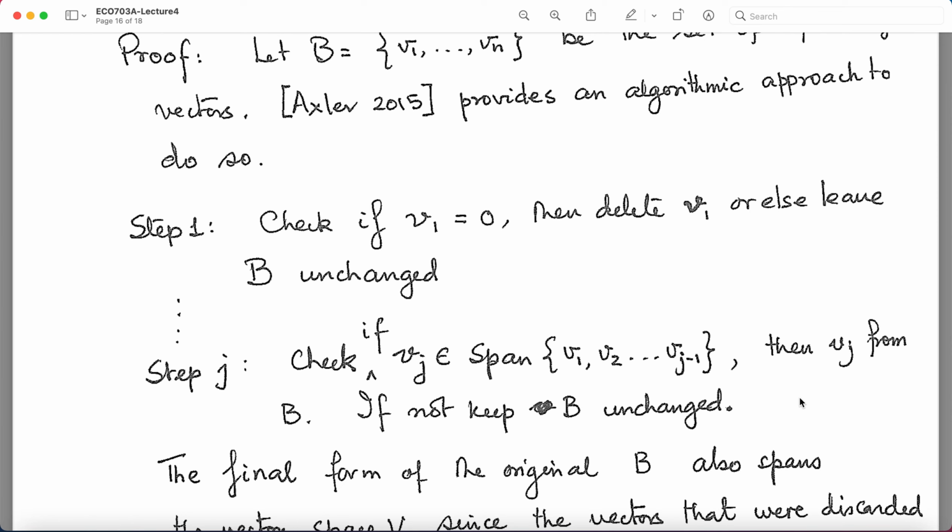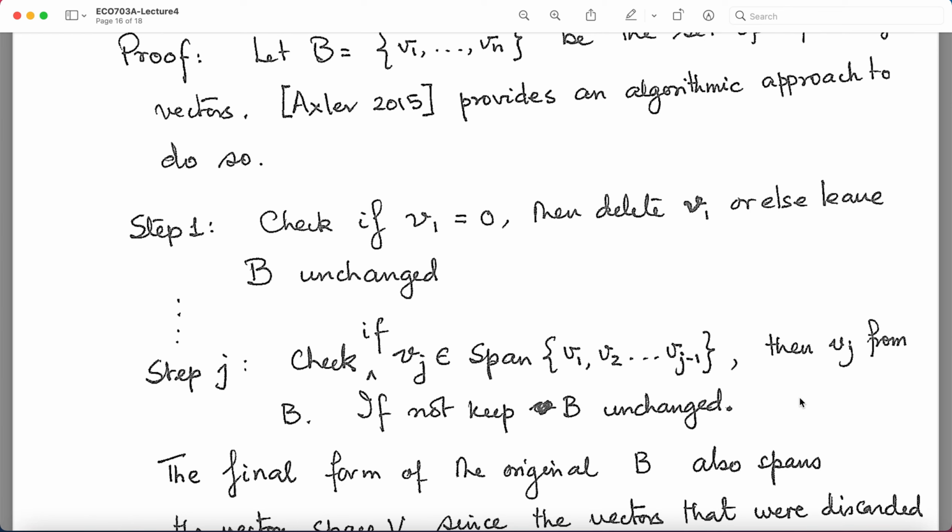V1, V2 doesn't form one. Now V3 is gone, so just check with V1, V2. If it is not, then, because V3 has already been thrown out, in the new list I have V1, V2 and after that V4.